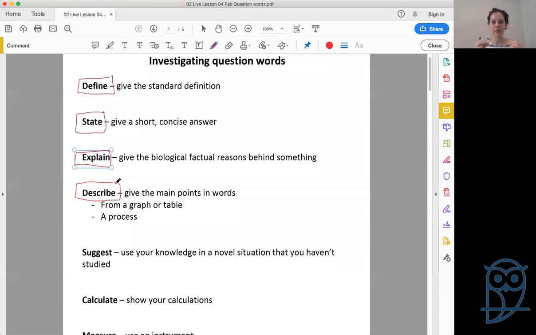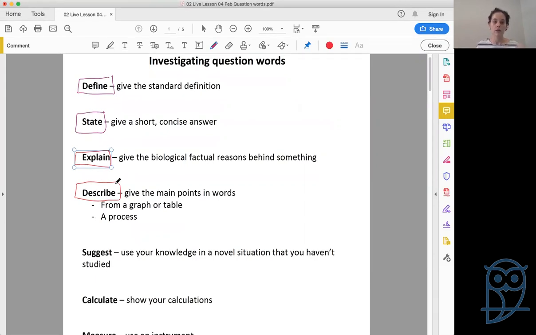What's actually happening behind this general statement? To describe something is just to give the main points in words. So for example, you could be describing something from a graph or a table, or you could be describing a process. X, Y, Z, 1, 2, 3 is my process. If you're describing from a graph, it goes up, it stays the same, it goes down. That's the sort of thing we're looking for.